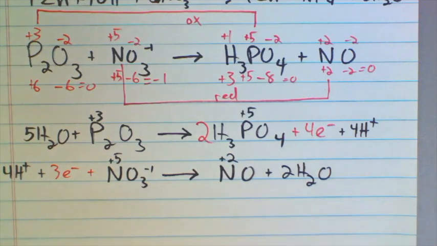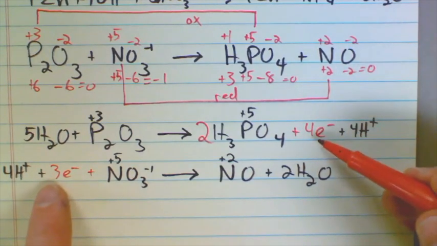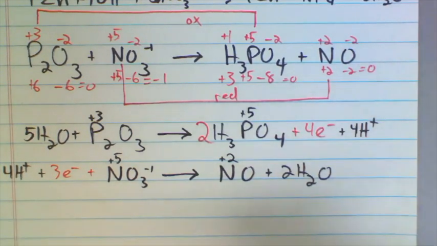So what's next, guys? We've got to cancel. Before we cancel, what do we have to do? You have to find the least common multiple, which is going to be 12.